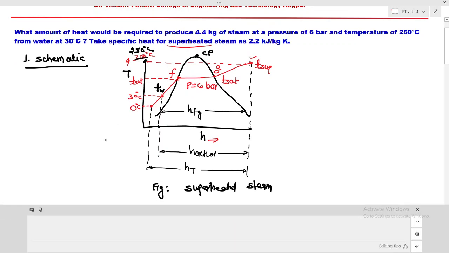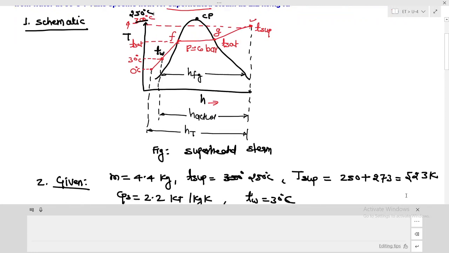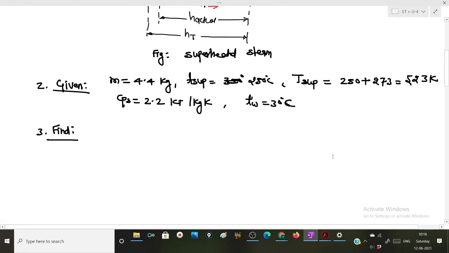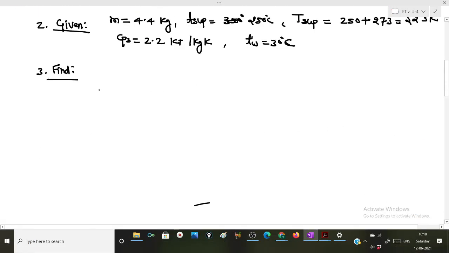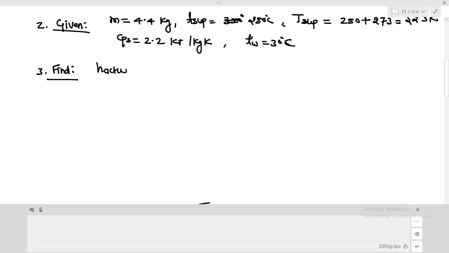That is, we are supposed to calculate H actual only. 30 degrees Celsius of water into superheated steam of 250 degrees Celsius. Now let us proceed how to do it. Okay.